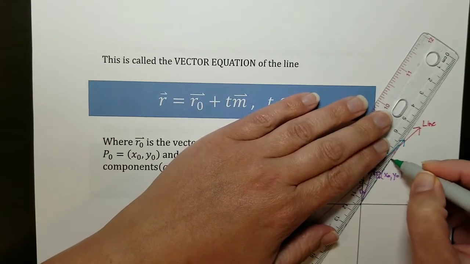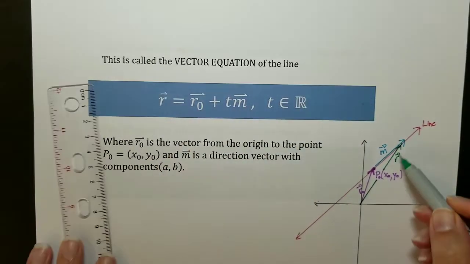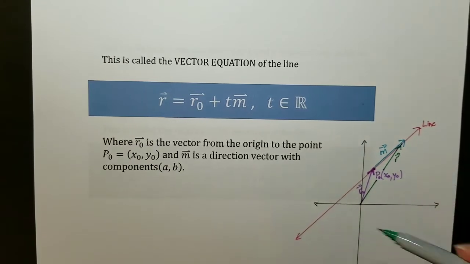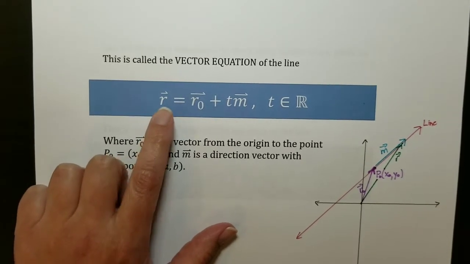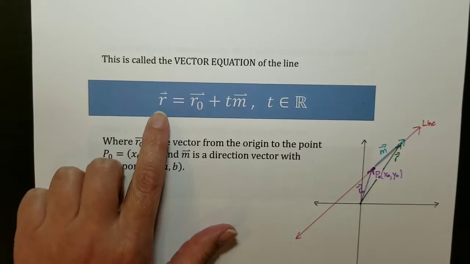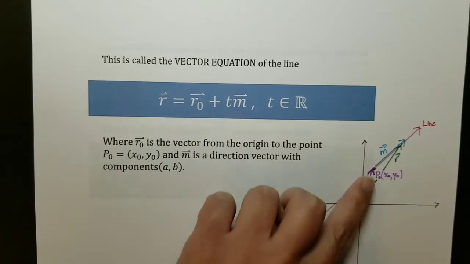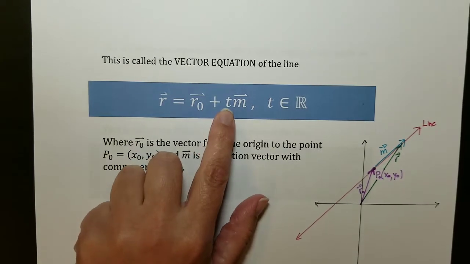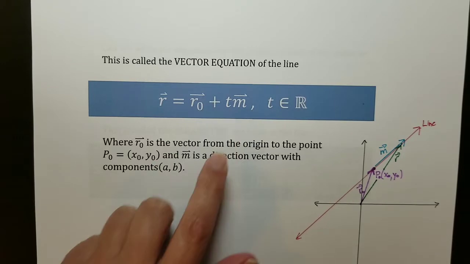I'm just going to kind of hop over there. This resultant vector will get me to any point on the line. So I might need to multiply by a negative to get to the other side. And this is the general form. So we can get a vector to any point on the line if we take an initial point on the line, that R naught that goes to this one single point, plus a scalar multiple t times the direction vector.